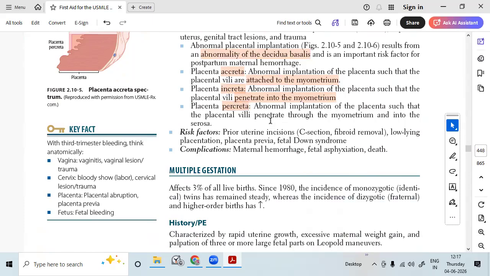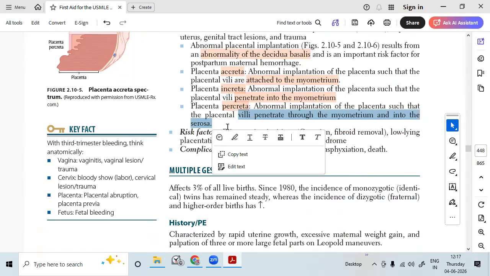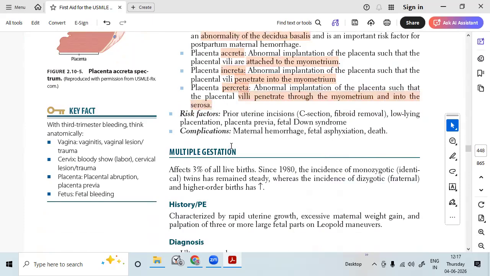Percreta is abnormal implantation of the placenta such that the placental villi penetrate through the myometrium and into the serosa. Risk factors: prior uterine incisions, C-section, fibroid removal, low-lying placentation, placenta previa. Complications: maternal hemorrhage, fetal asphyxiation, and death.